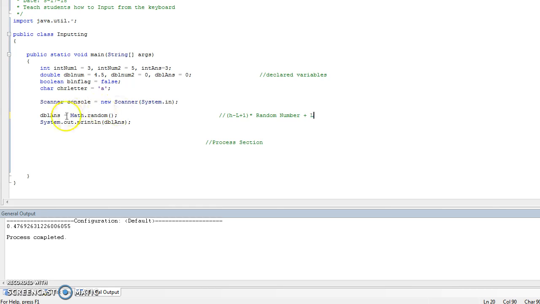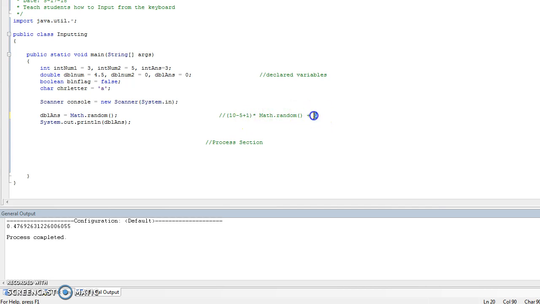You take the high number in your range, subtract the low number, plus 1, times our random number. So this would actually be Math.random, parentheses. And I goofed up because I made it a capital R and it should be a lowercase r. And so let's say I'm trying to draw numbers between 10 and 5.